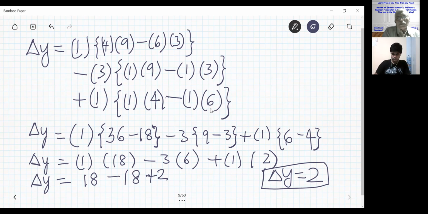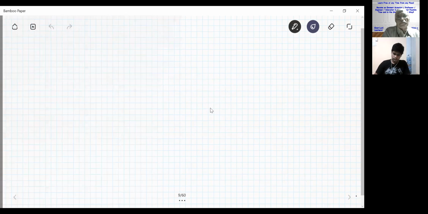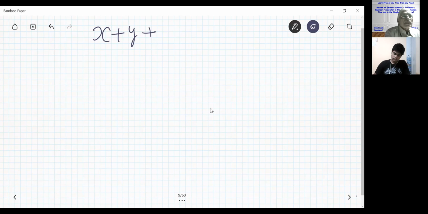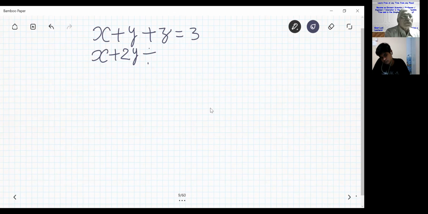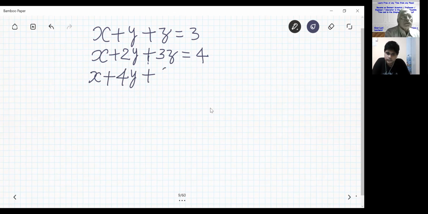Same way, you have to find delta z. So look at the equation, which is x plus y plus z is equal to 3, x plus 2y plus 3z is equal to 4, x plus 4y plus 9z is equal to 6.